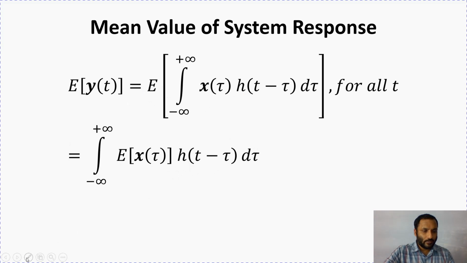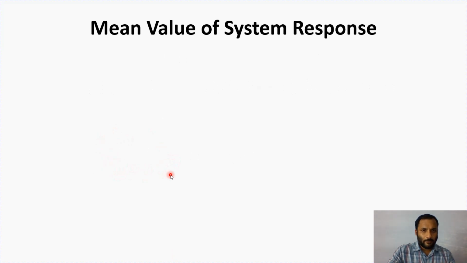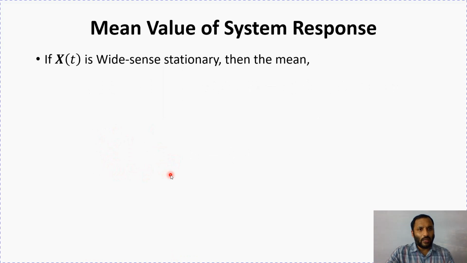Now, this is the expectation of the random process. Normally we denote it by eta of t, right? Now, what happens if your random process is a wide-sense stationary process?